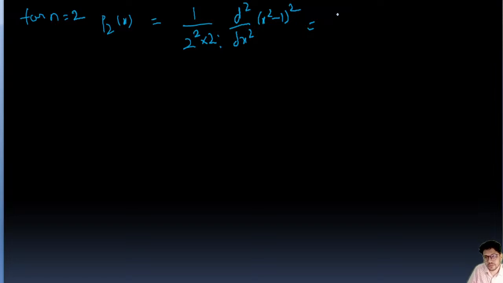If we solve it, this value is going to be 1 by 2 (3x^2 minus 1).